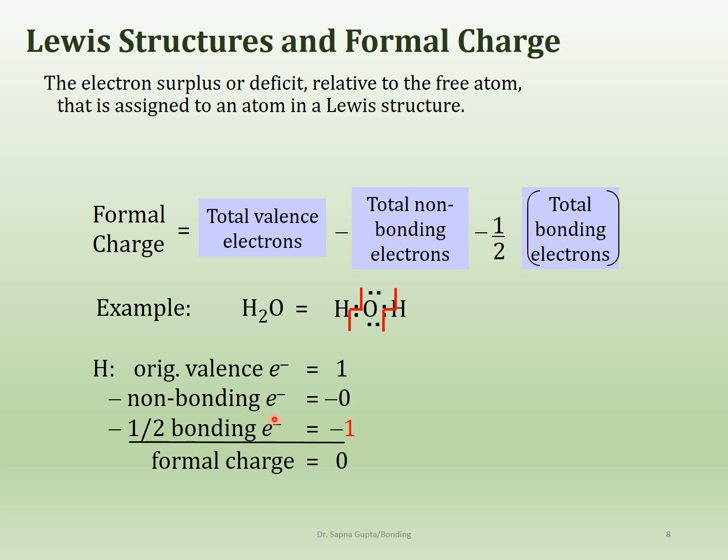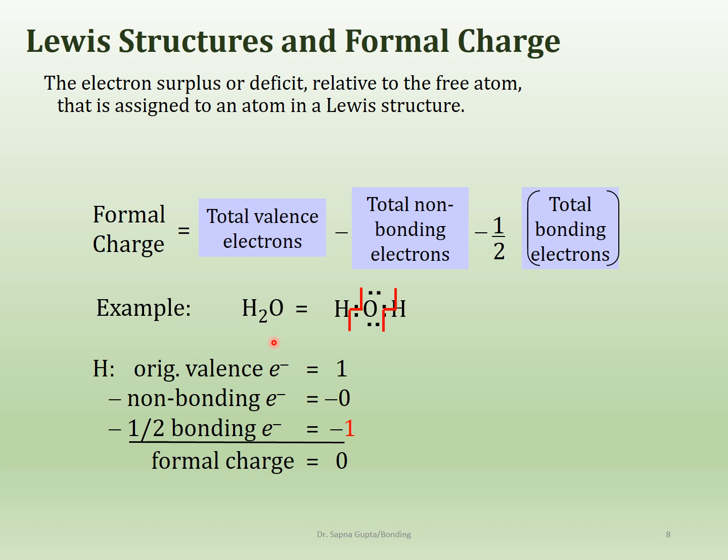The total number of non-bonding electrons on hydrogen is 0, because there is no electron left over. So subtract that. And then half of the bonding electrons, which means that since it was sharing only one pair of electrons, take half of that. Subtract that and you get a formal charge of 0, which means hydrogen has no charge left over, which is good, because this is a neutral molecule.